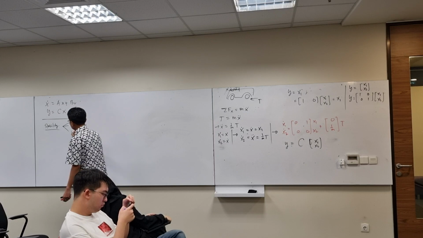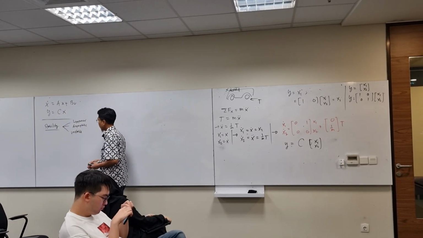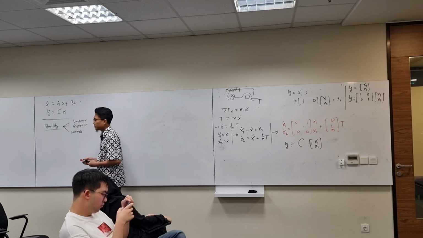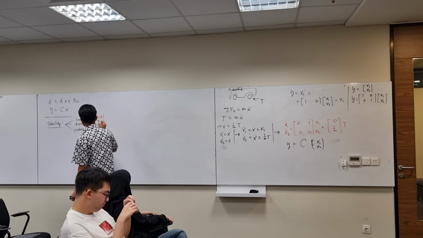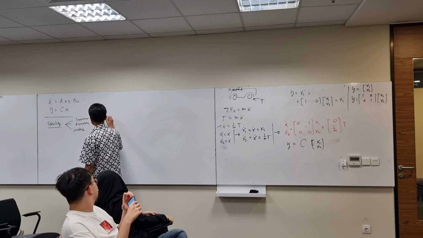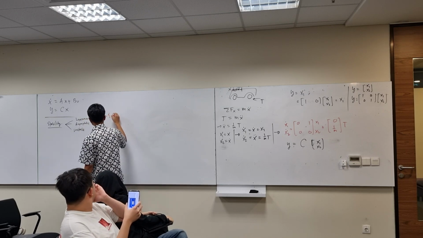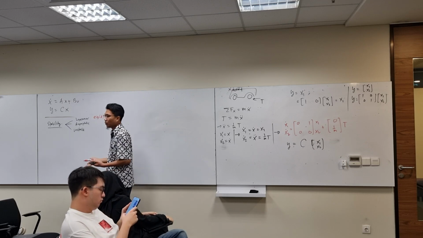And the last one is unstable. For Lyapunov stable, the eigenvalues of A will be, one of them is 0, and the remaining are in the open left half plane.